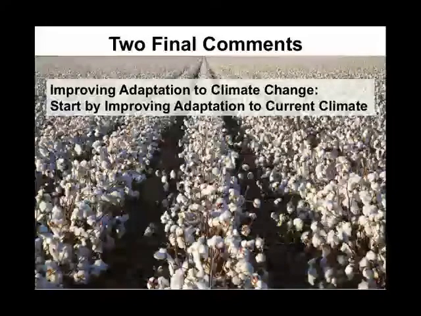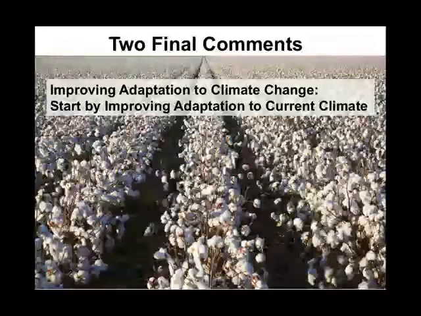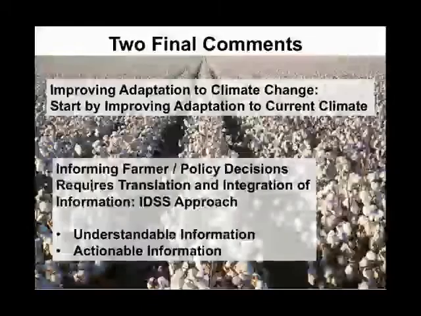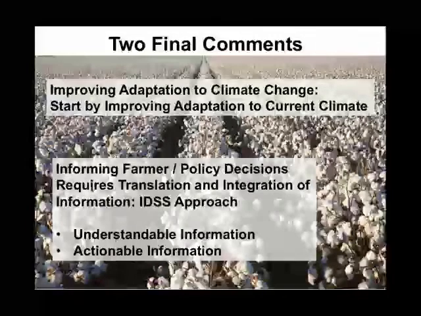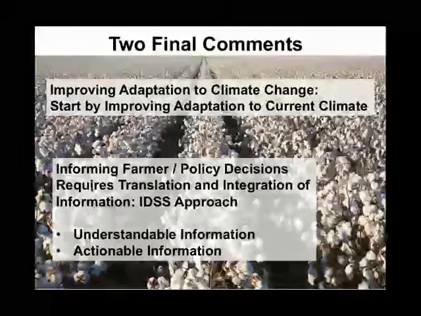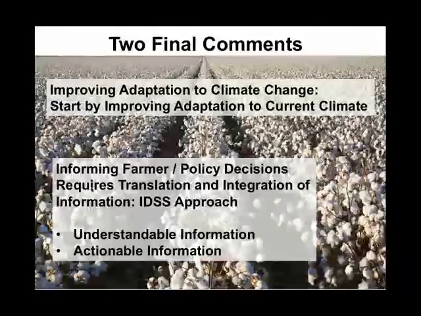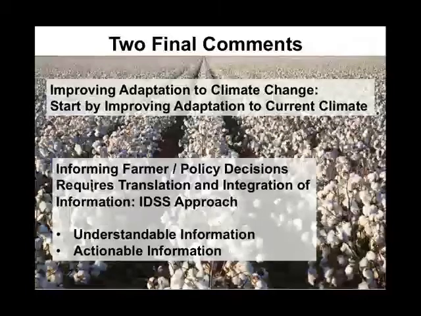And that requires technologies, insurance, policies, a combination of factors focusing on improving adaptation to current climate. And two, if what we want is to inform decisions at the farmer level or at the policy level, we need to translate and integrate climate information into lots of other types of information: agronomic, economic, markets, etc. For that, what we are using is this IDSS approach, this Information and Decision Support Systems approach.